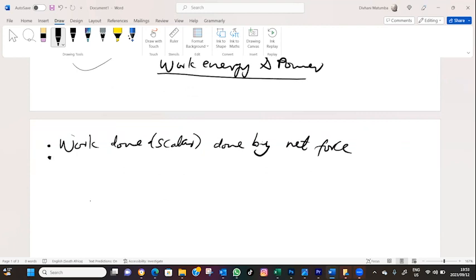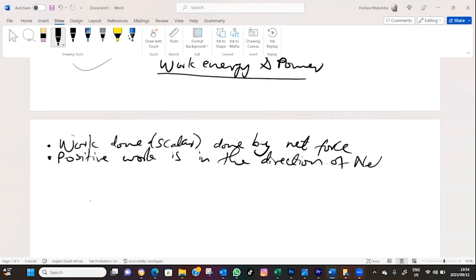Now, positive work is in the direction of the net force, or the net applied force.